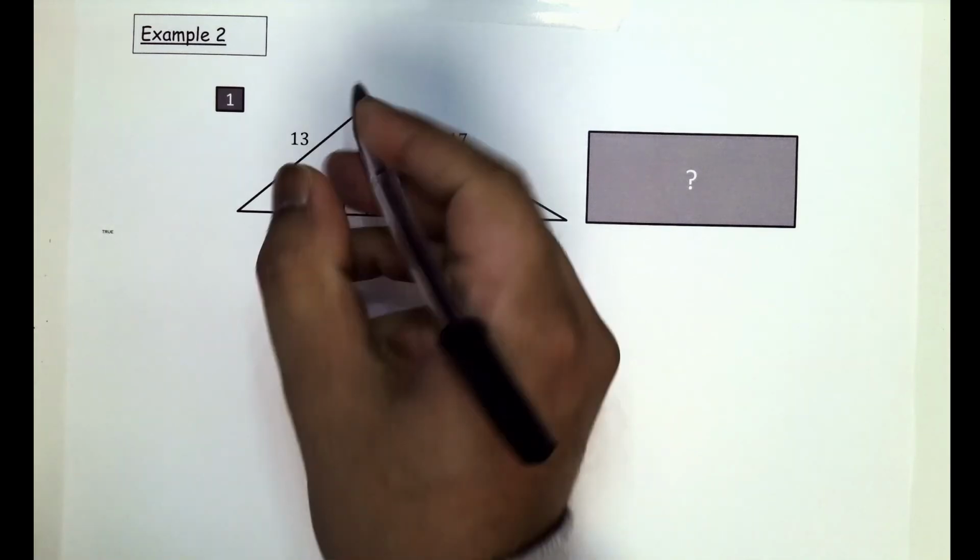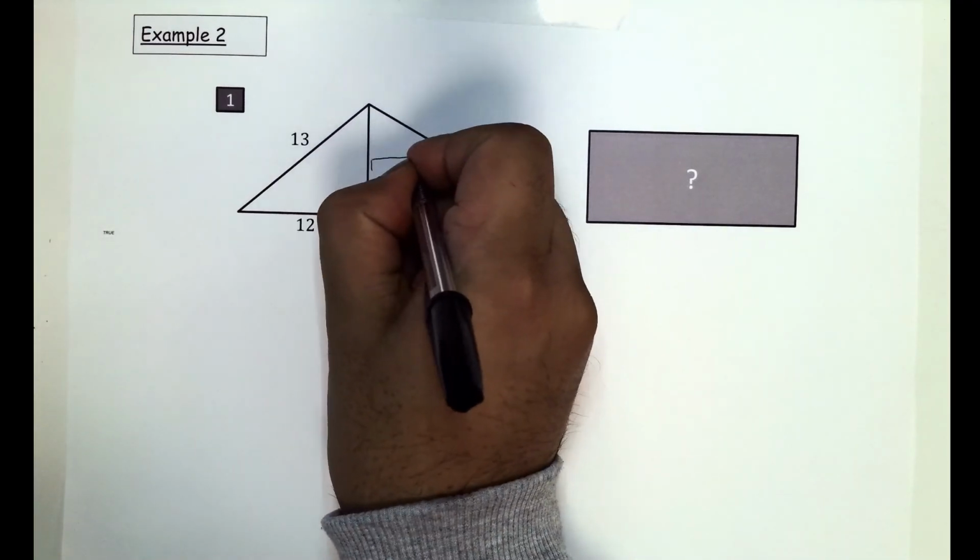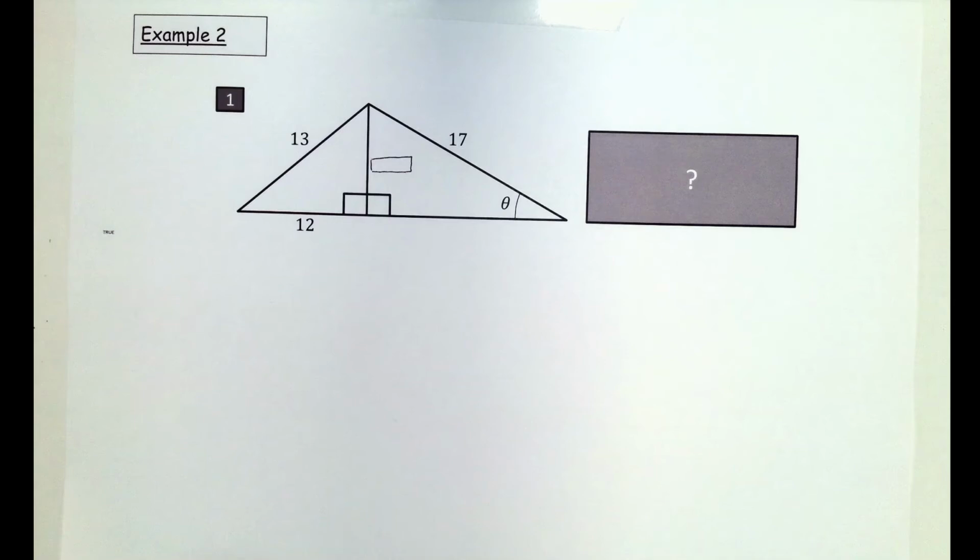So I need this information here. However, there is something slightly different about this triangle on the left hand side to the question we've just done in the previous example. So have a think about, how does this question look slightly different?